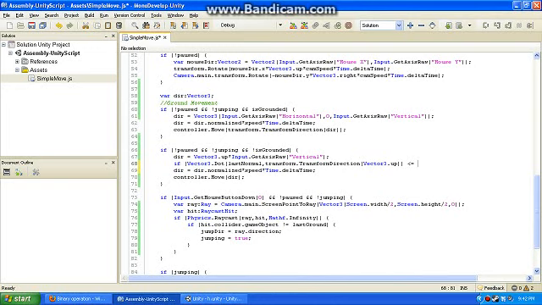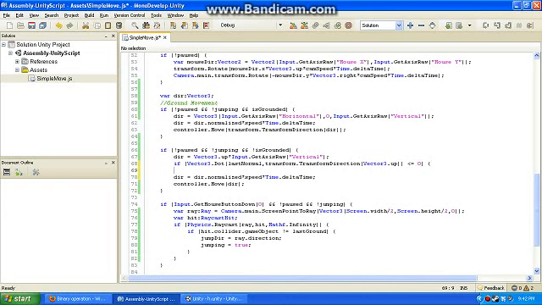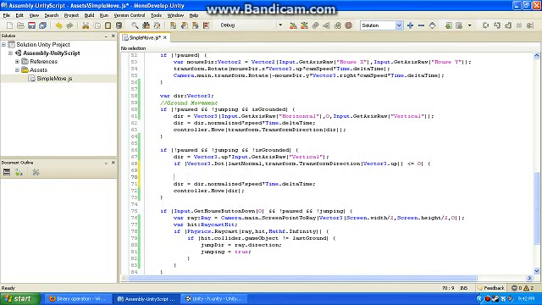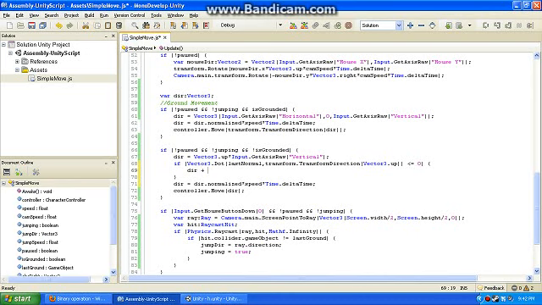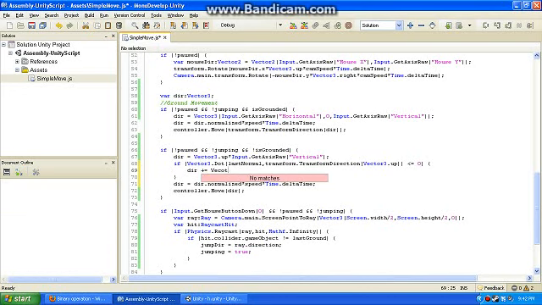So I'm going to write if vector 3 last normal and transform direction vector 3 dot up is less than or equal to 0. So that's if I'm looking directly at the wall or perpendicular. If I'm looking towards the wall or perpendicular to it, then dir plus equals, and plus equals means it adds this to dir.